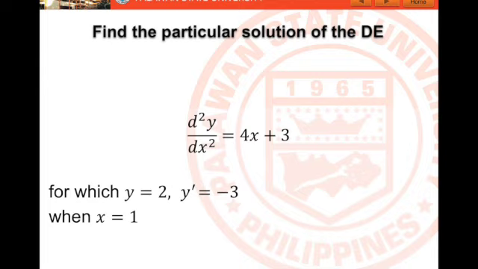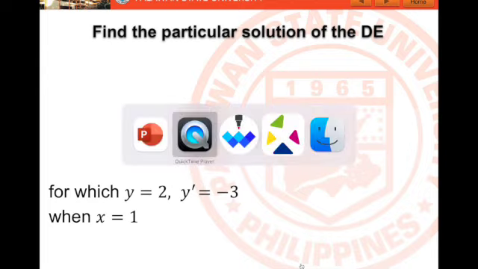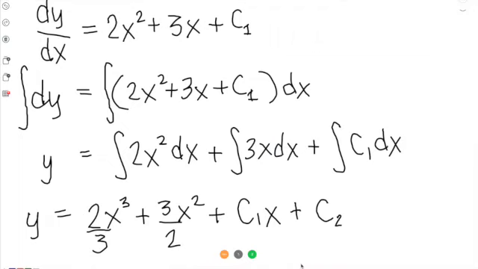So now we will just plug this in on our previous equations, the result of our first and second anti-differentiation. So we have y, we have the value of y prime and x.